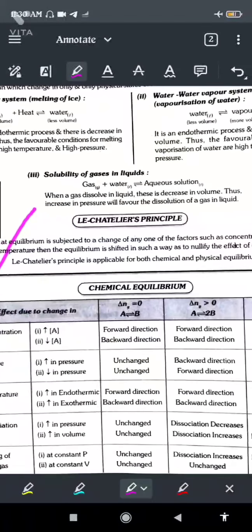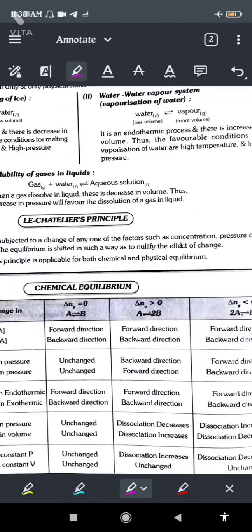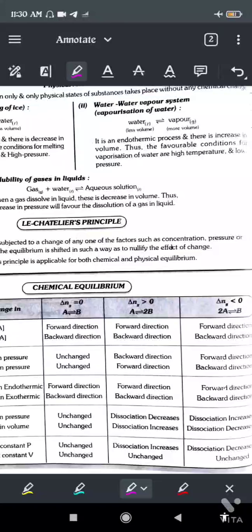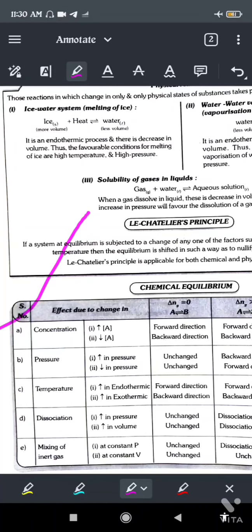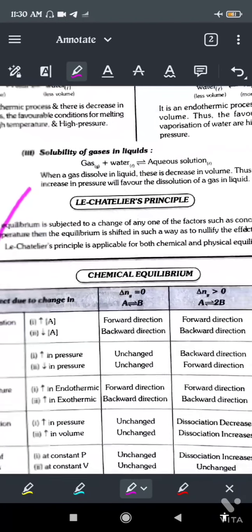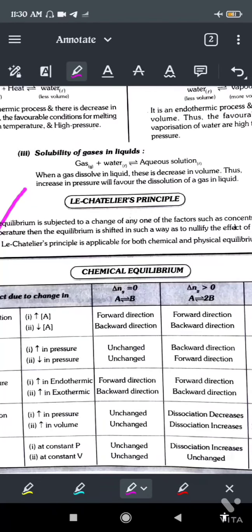If the concentration is increasing and del n is 0, the reaction will go in the forward direction. If the concentration is decreasing and del n is 0, the reaction will go in the backward direction.